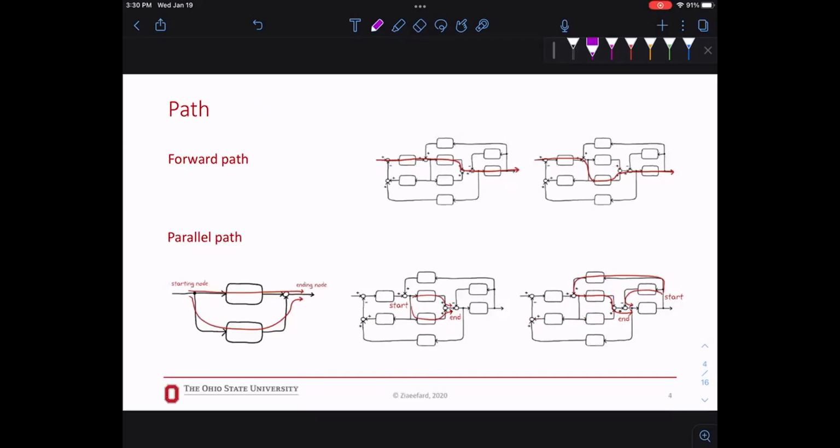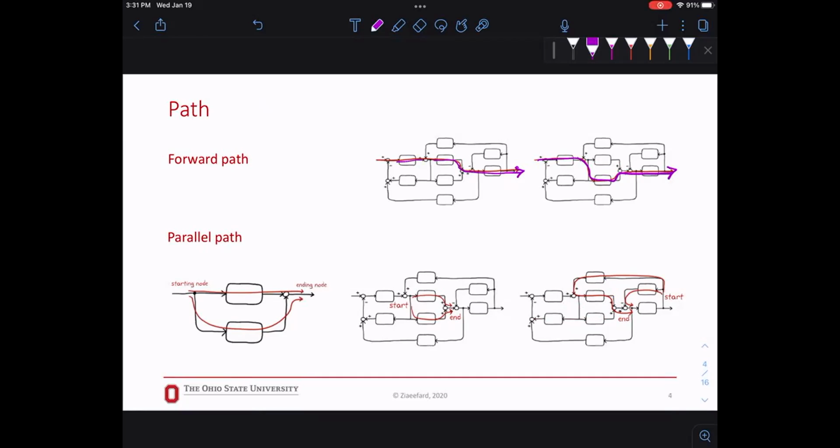Paths: we have 2 kinds of path, forward and parallel. Forward, you can see here, following the arrows, I can start from a point and go to the output, from input to the output. There are different ways you see that for this system I can have a forward path.